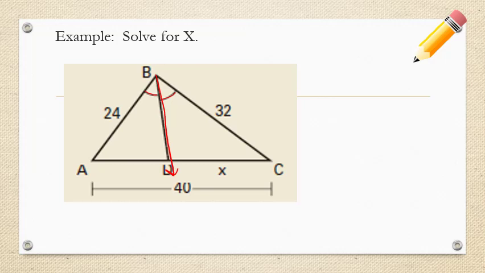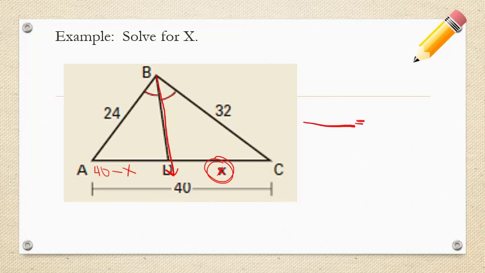We know that DC is x, they gave us that, and we also know that the entire side length of AC is 40. So we can figure out that AD is 40 minus the DC portion, right? Minus this portion. So AD is just 40 minus x.